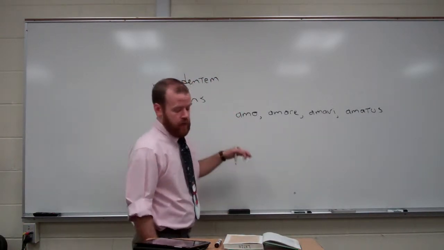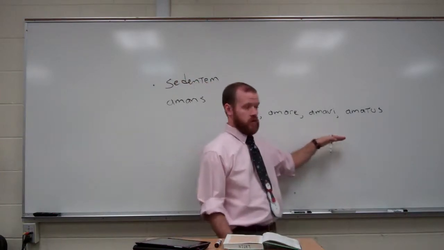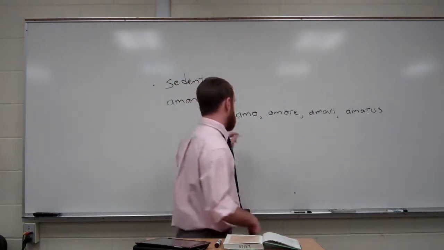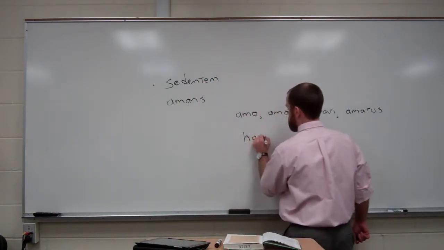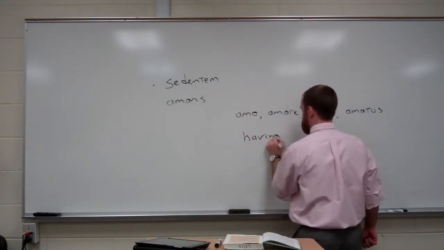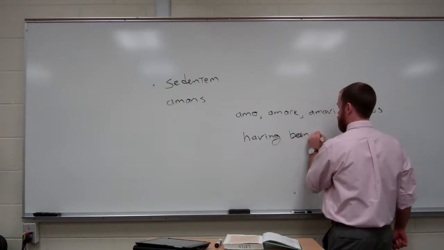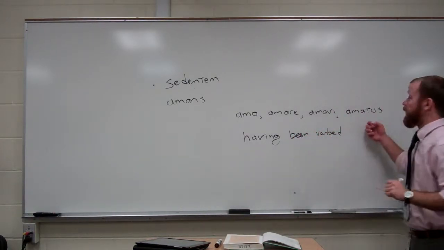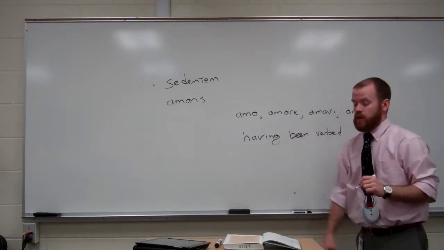Alright? The perfect passive participle gets translated with a having been. Having been verbed. Alright? So here, amatus, having been loved. Okay?